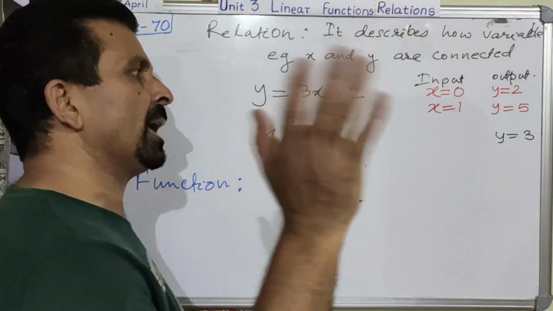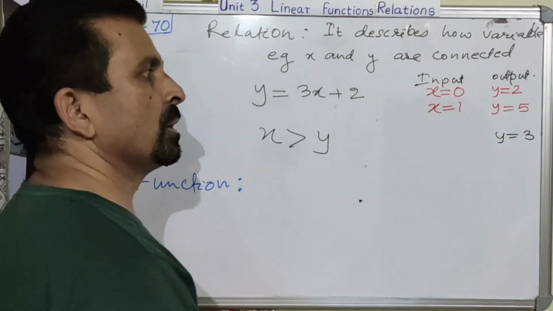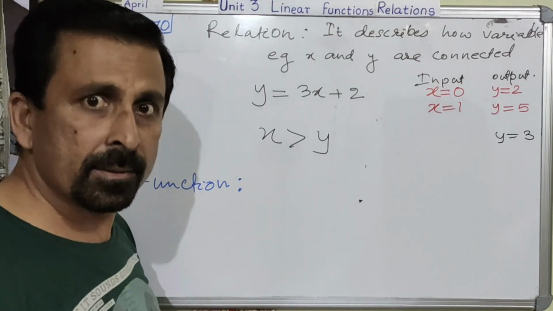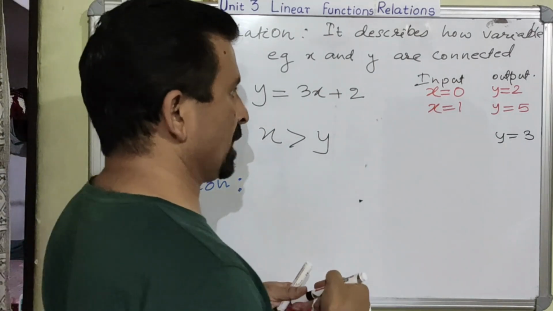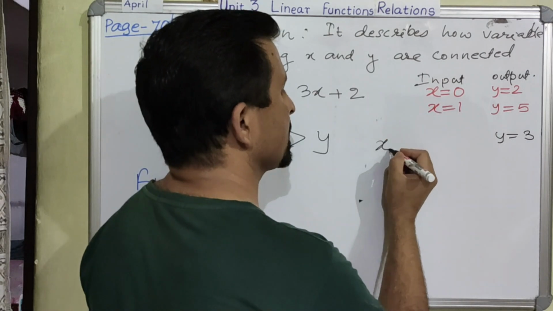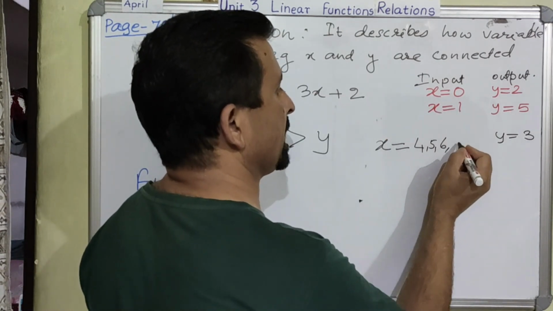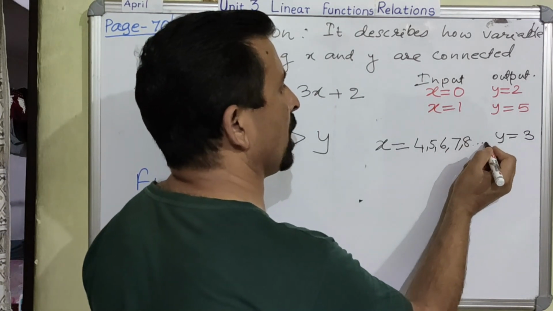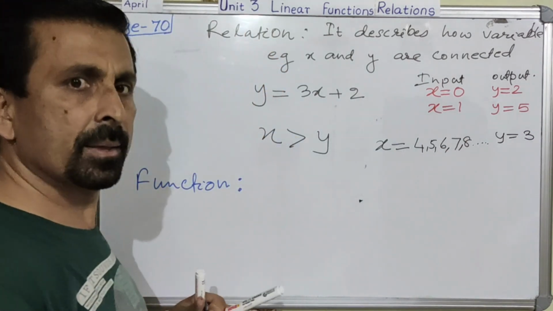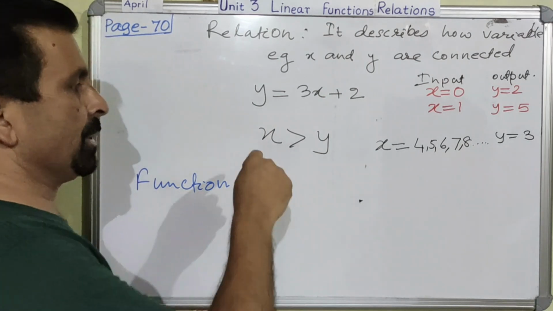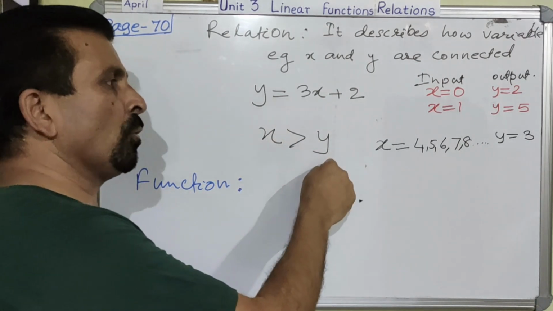That means any value which is greater than y will become the value of x. That means the value of x will become 4, 5, 6, 7, 8 and so on. Are you getting it?